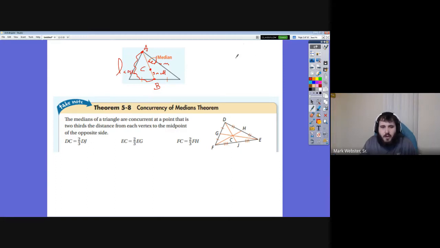So basically the way it works, 2 times small equals medium.